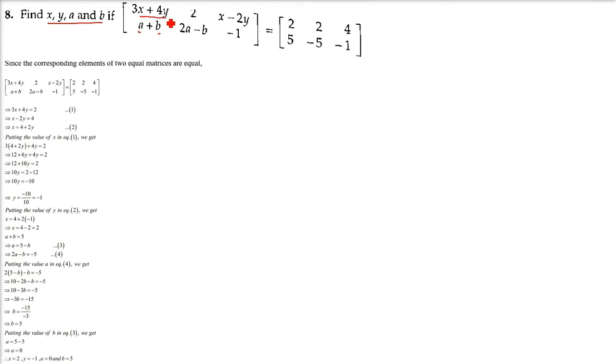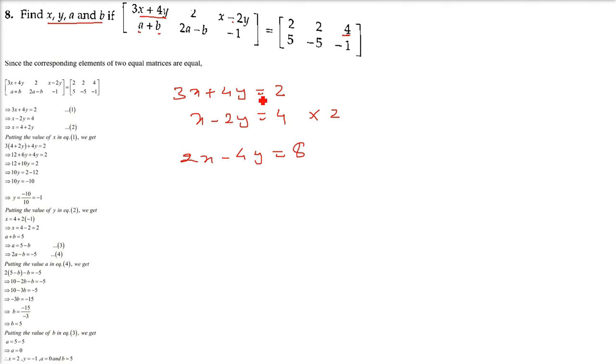So 3x plus 4y, and just see which position 3x plus 4y is corresponding to in the next matrix. So 3x plus 4y is equivalent to 2. X minus 2y is equal to 4. Just write x minus 2y. What you have to do, just multiply this by 2, the second equation. It's going to be 2x minus 4y equals 4 to the 8.